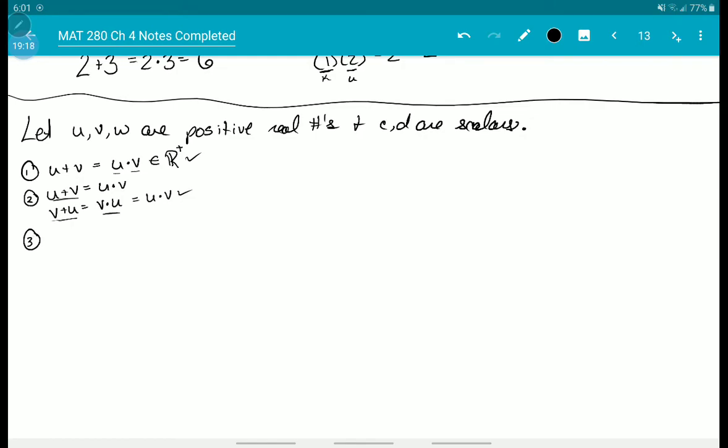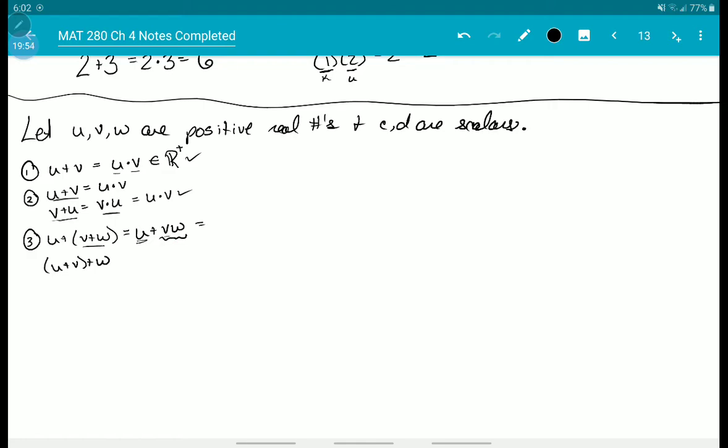Now let's look at the associative property. Does it hold for addition? So we're going to look at both sides. We want to know, did we get the same thing? Order of operations says we have to do that first. So that's going to be VW. And then if I put these together, remember I'm treating this VW kind of like a unit.